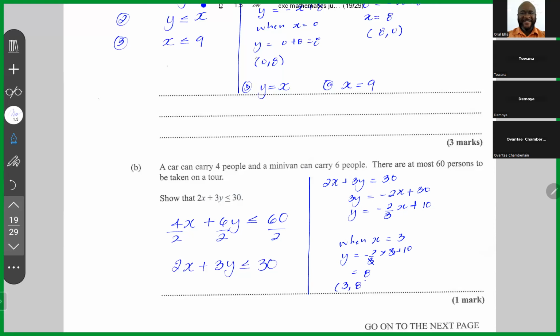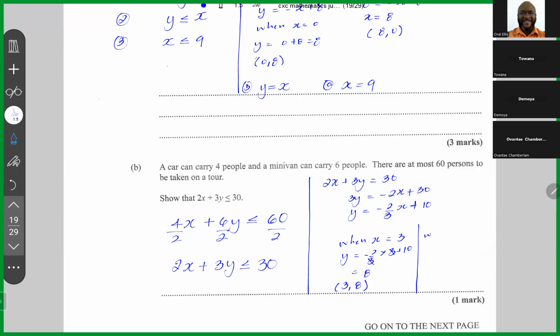Remember, I need 2 points to draw a straight line. I'm going to select another value of x. I might select when x is 9. As I said, experience tells me that my calculation is going to be easier if I choose a value of x which is divisible by the denominator of the gradient.